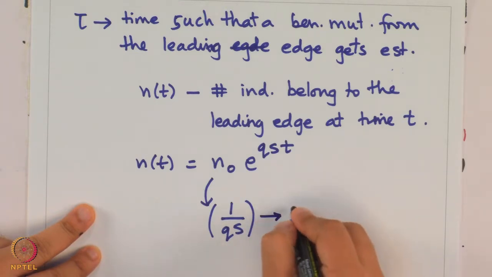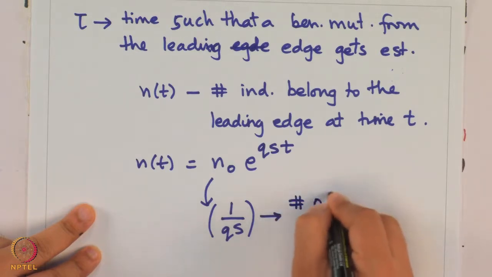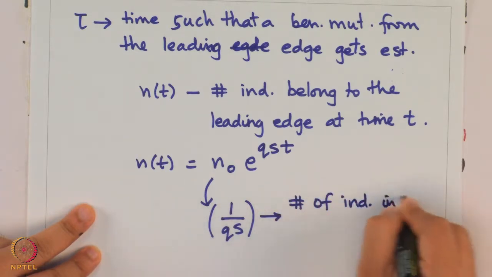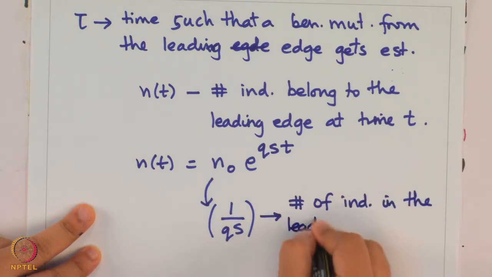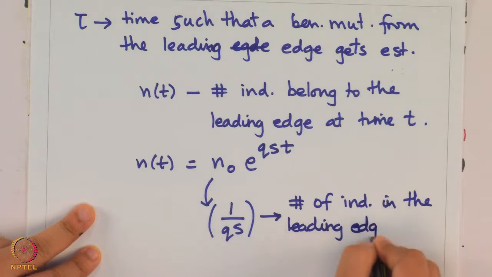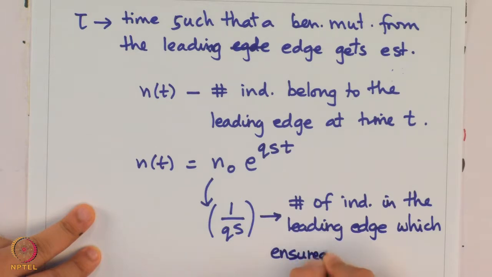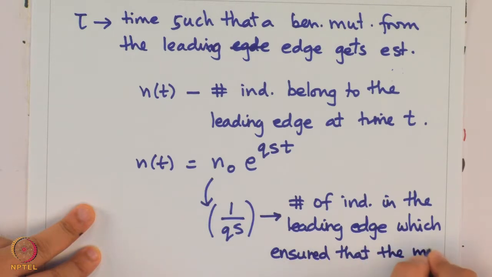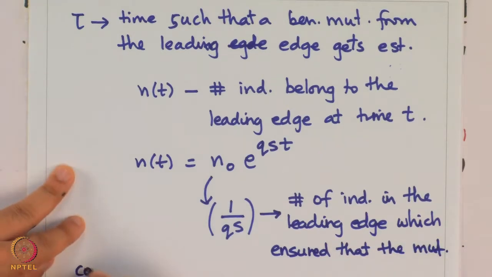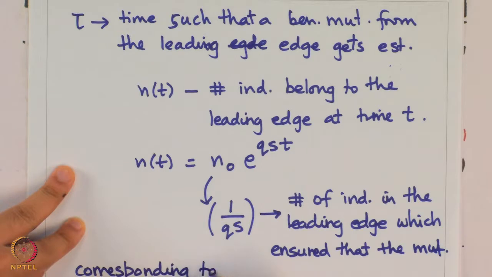So, this ensures that this was the number of individuals in the leading edge which ensured that the mutation corresponding to the leading edge got established.